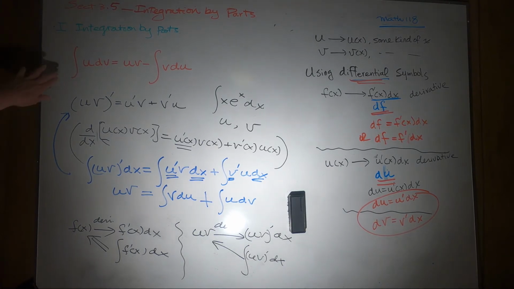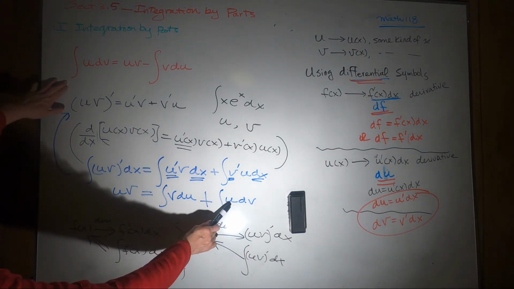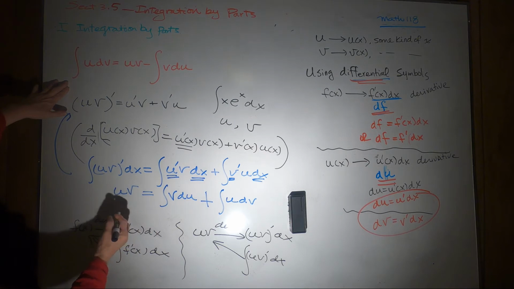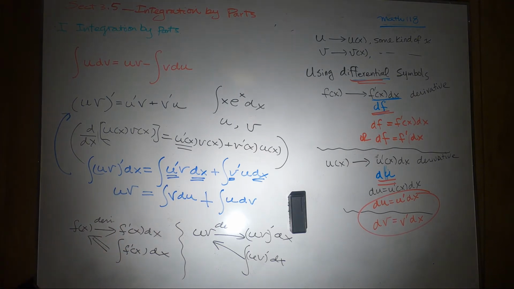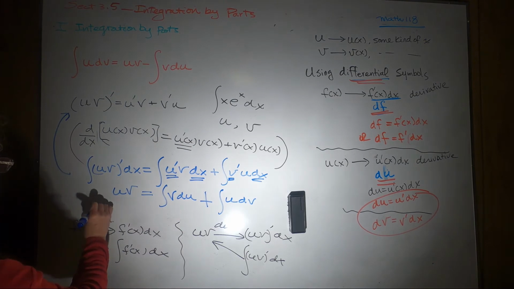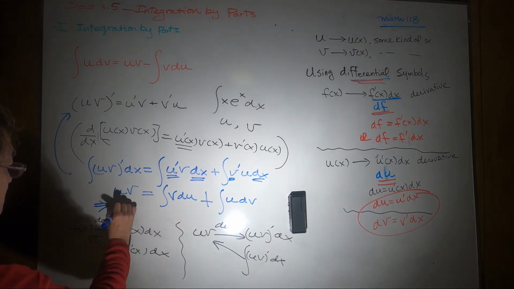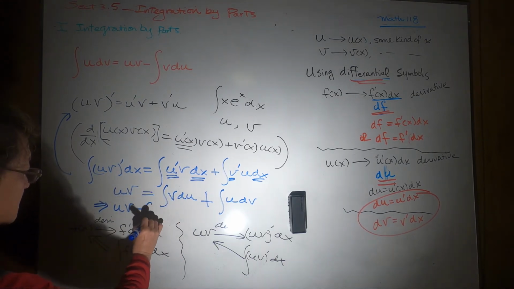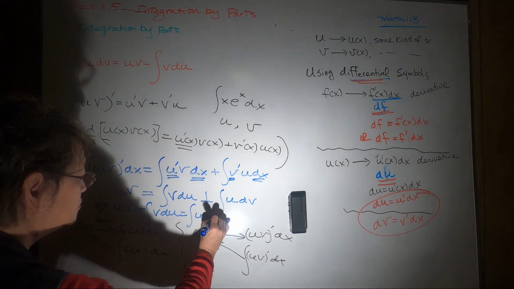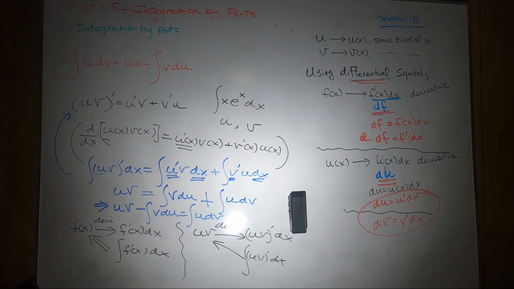Then I will have u dv, and you subtract this on both sides. If I leave this alone, I subtract the integral of v du from uv, and that becomes the integral of u dv.